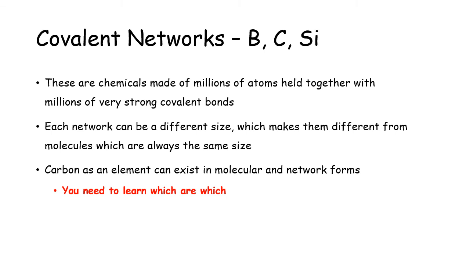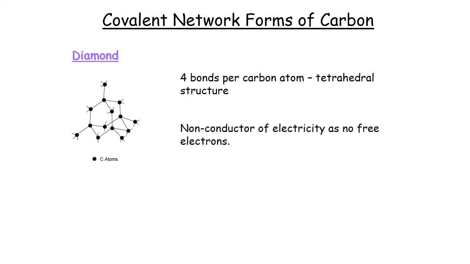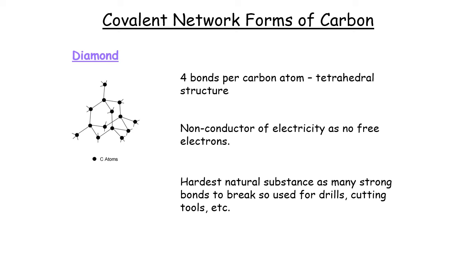The 2 networks are, firstly, diamond. And this is where each carbon is bonded to 4 other carbons, creating a tetrahedral pattern. It cannot conduct electricity, and it's one of the hardest substances known to man.